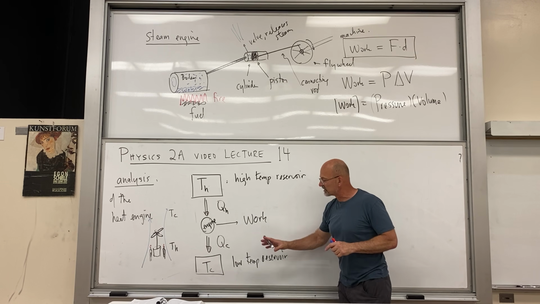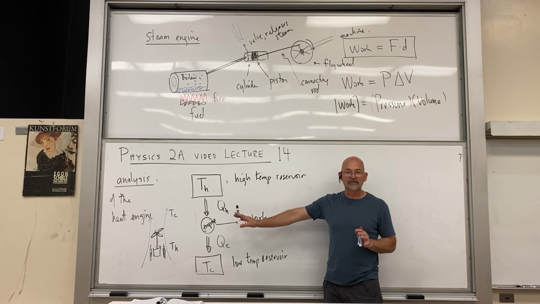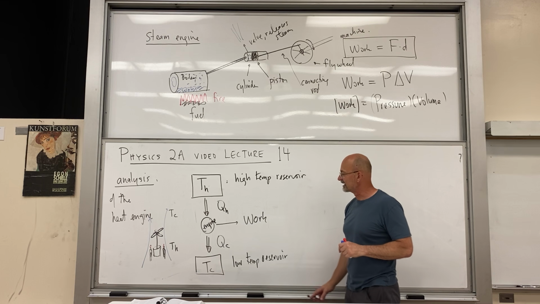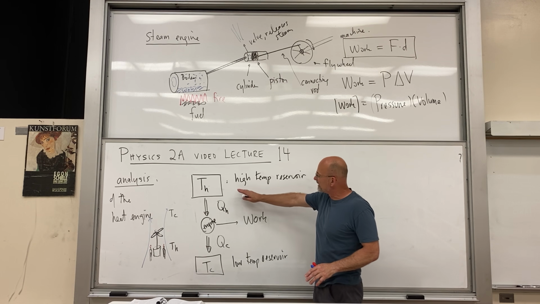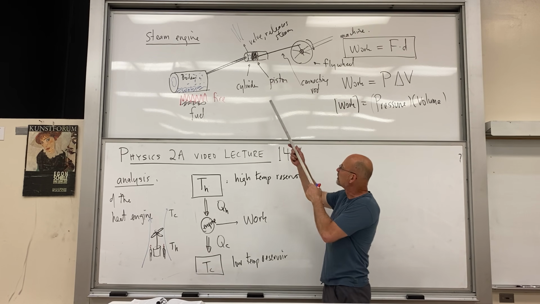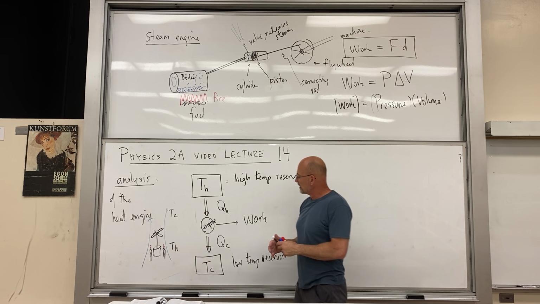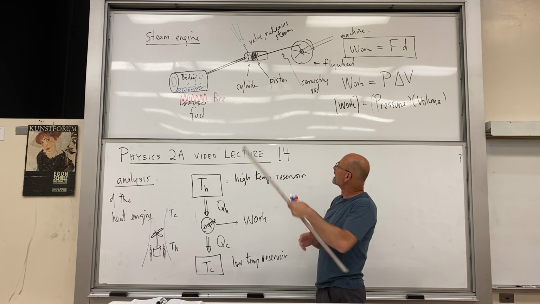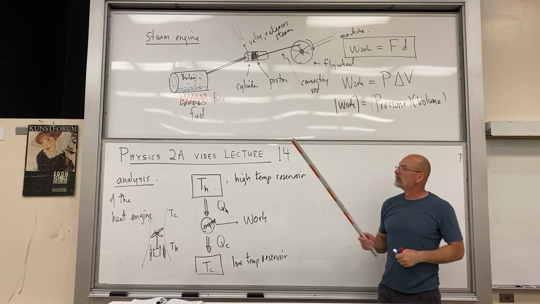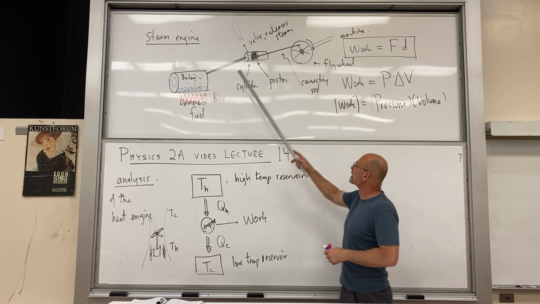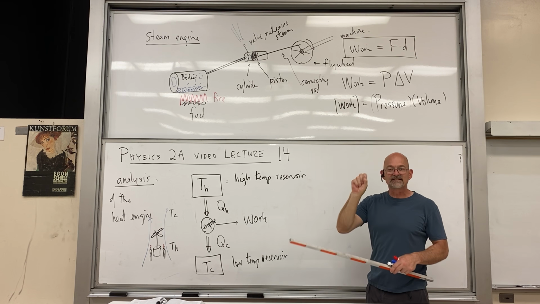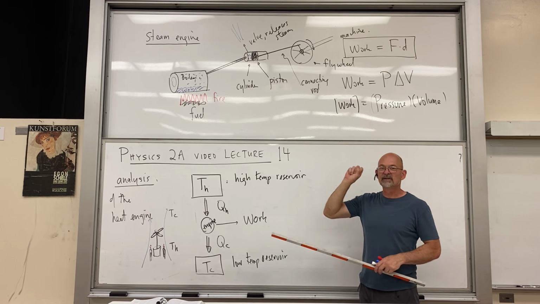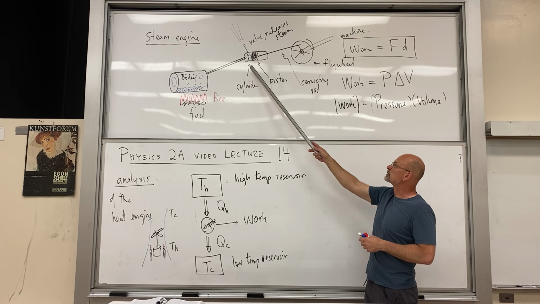You can adapt this to many different types of heat engine power plant. But your car engine will also work in this fashion, although it's not as clearly pulled apart, because what you have is the combustion. I want to mention that briefly. In an automobile, the combustion is not outside at the boiler, it's actually inside the cylinder itself, where a little bit of gasoline is injected and then a spark plug fires and the gasoline explodes.